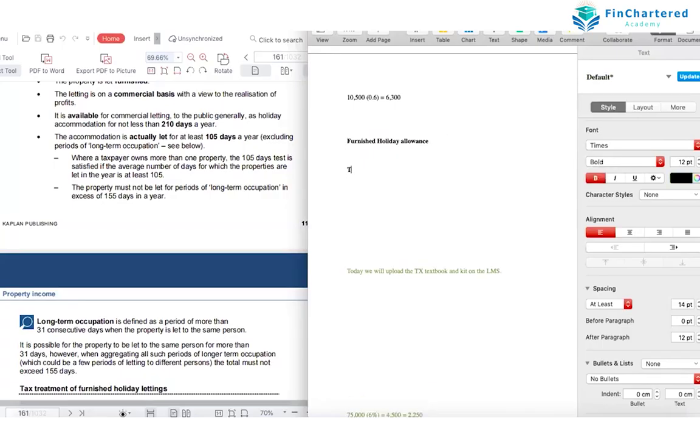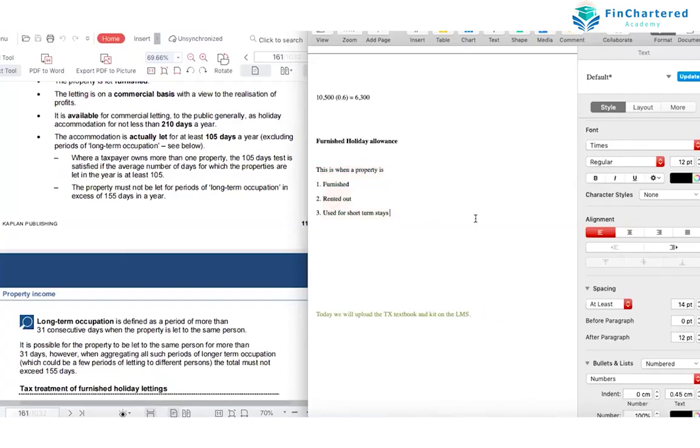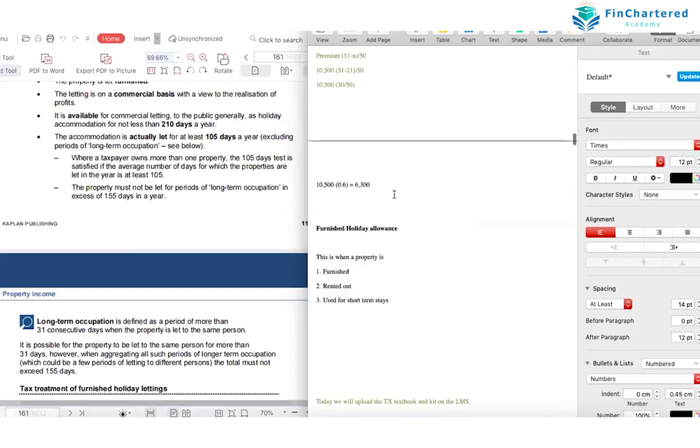Remember, this is a property that is, number one, furnished, number two, rented out, and number three, used for short term. Now we'll elaborate on how it is taxed and when we say it is short term.